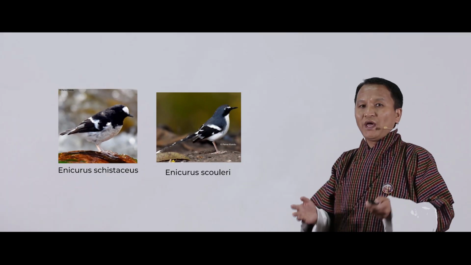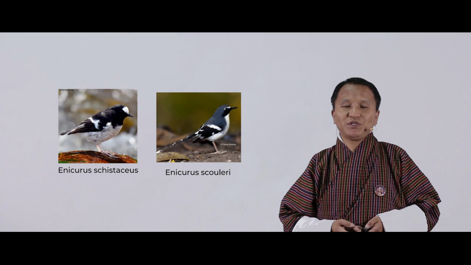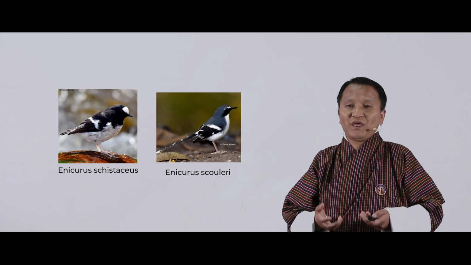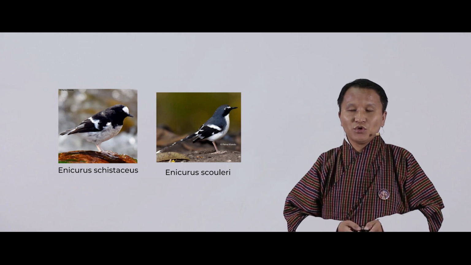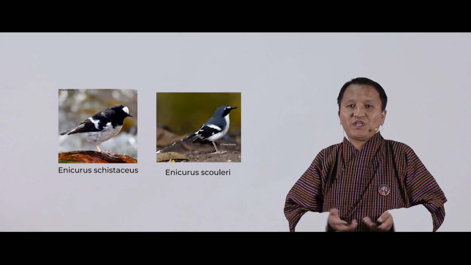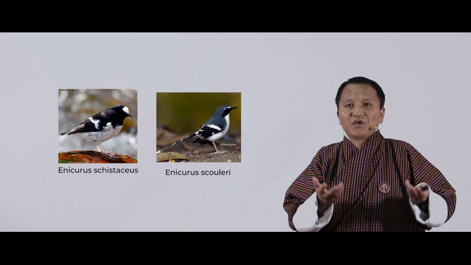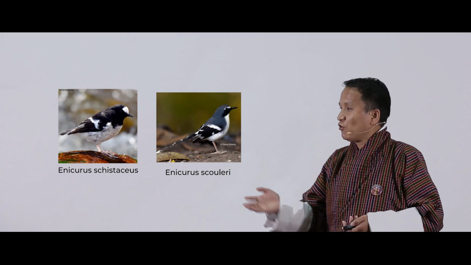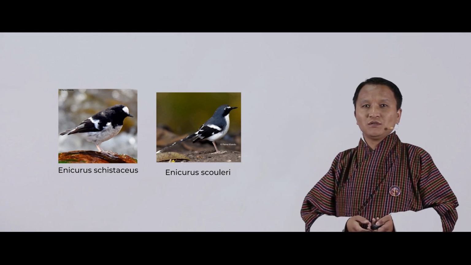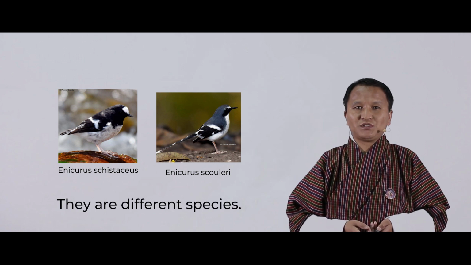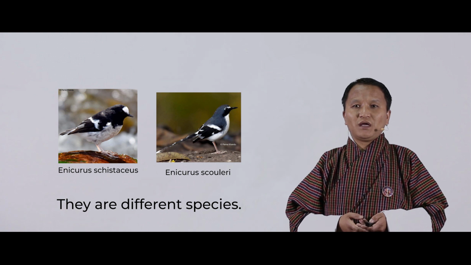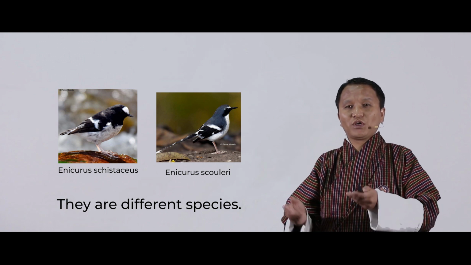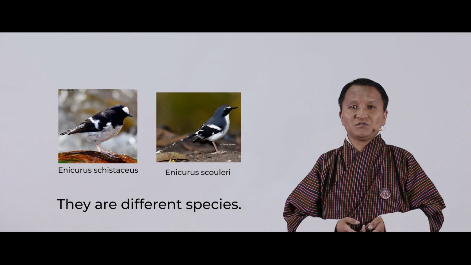Now, as we ask questions about the species, the question that we may have to ask is, would the species resemble each other? Would they look similar? Would they be different? Can they be completely different? If we look here, the two birds, they are different species. You have Inoceros, genera belonging to different species.